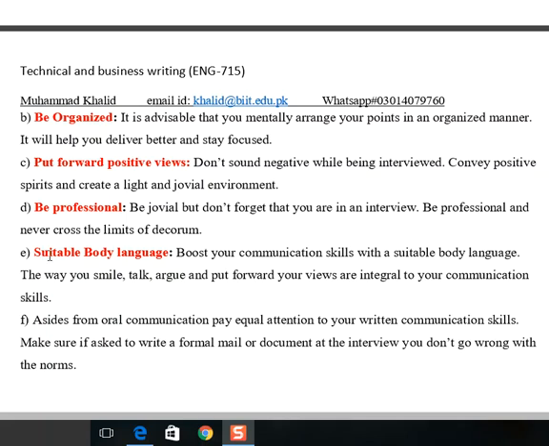Next is suitable body language. This is very important, because your confidence, your organization, your inner view, everything is expressed through body language. Boost your communication skills with suitable body language. The way you smile, talk, argue, and put forward your views are integral to your communication skills.